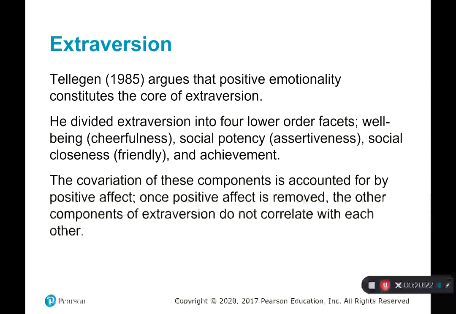And so that suggests that positive affect, which of course is the well-being cheerfulness facet, is at the heart of this trait. Because once we remove positive affect, the other facets of extraversion do not correlate with each other. Basically, it falls apart. The entire factor falls apart if we pull out the positive affect part of it.